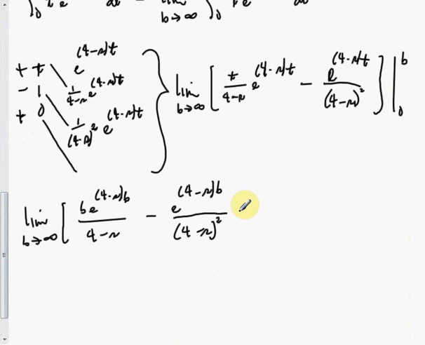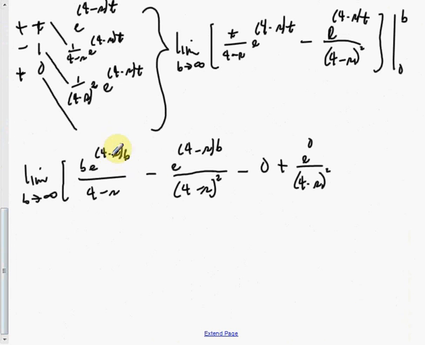And then we plug in 0, so this is minus 0 for t, and then this is plus e to the 0 all over (4 minus s) squared.